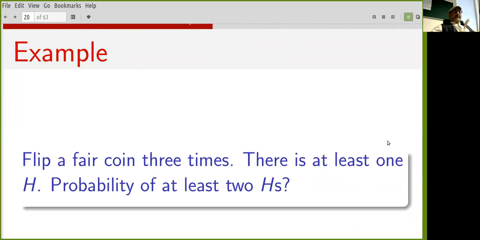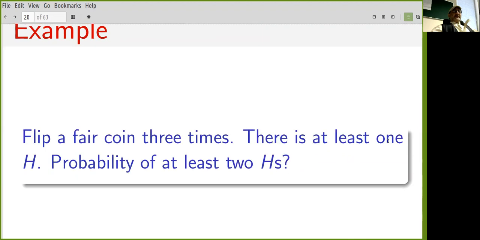Okay. Next example. Probability of at least one H. Probability of at least 2 H's. Okay. So, well, let's look at all the equally likely outcomes.